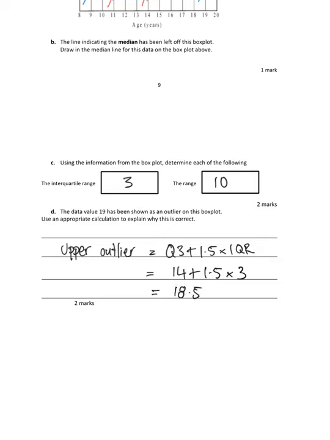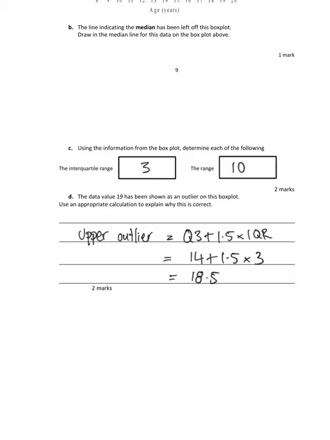Don't leave your answer just as that, because it wants you to explain. You could just say, therefore, 19 is above this value, so it is an outlier.